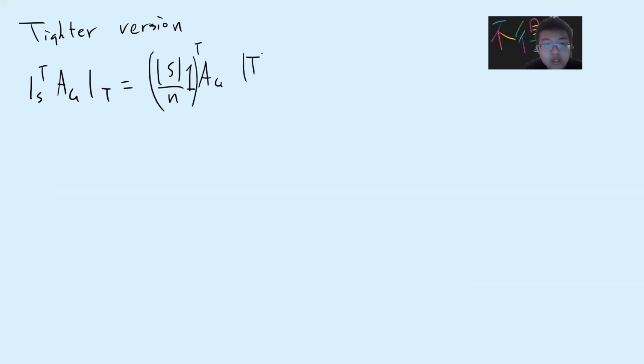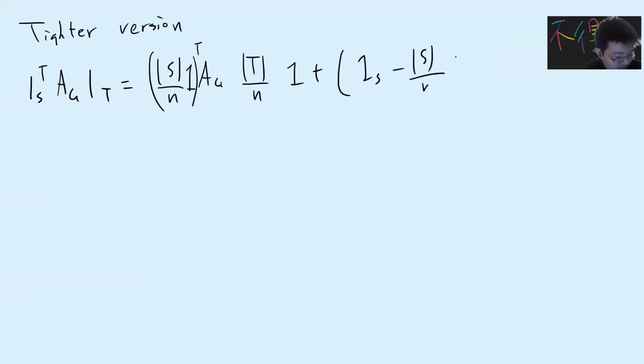Plus (1_S minus s divided by n 1)^T A_G (1_T minus t divided by n 1). The reason is that you just do the expansion. So simple enough, you can just do the expansion and prove this one.